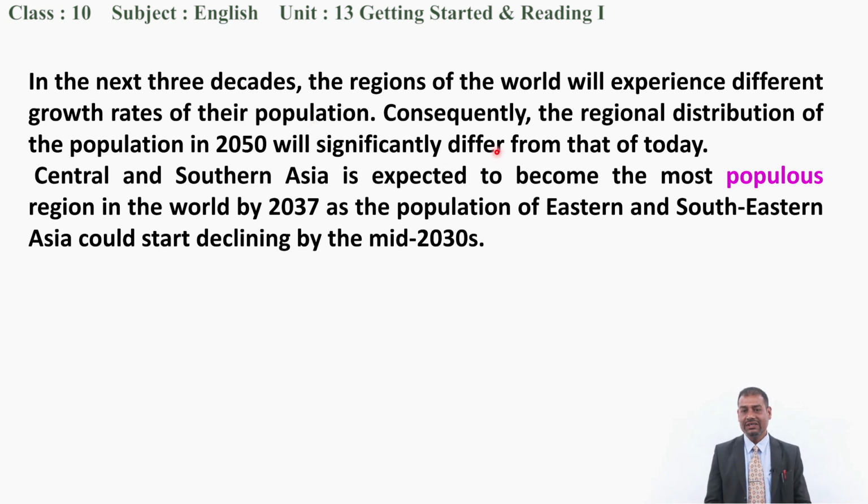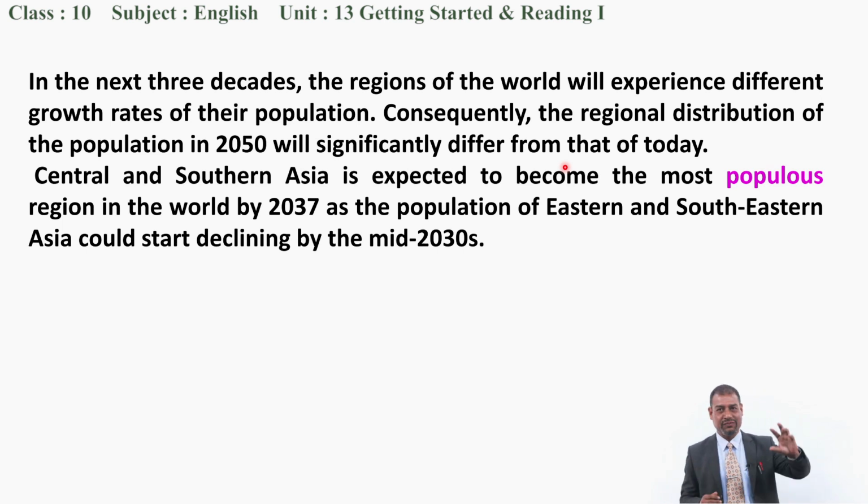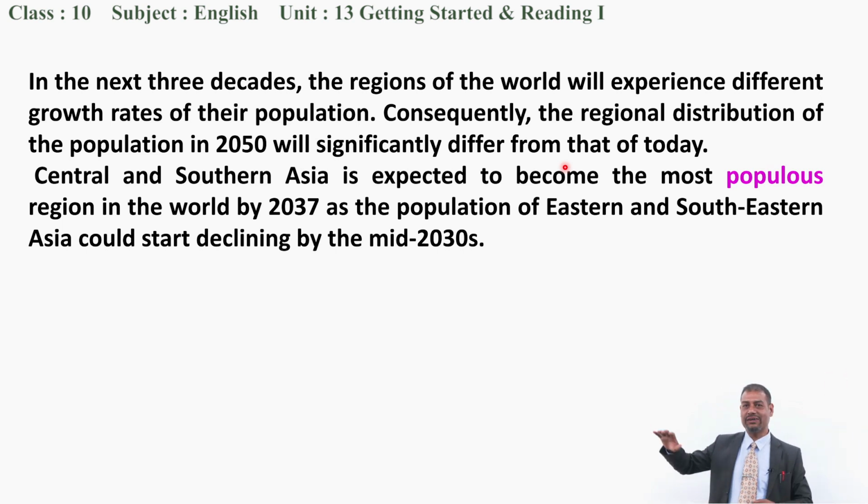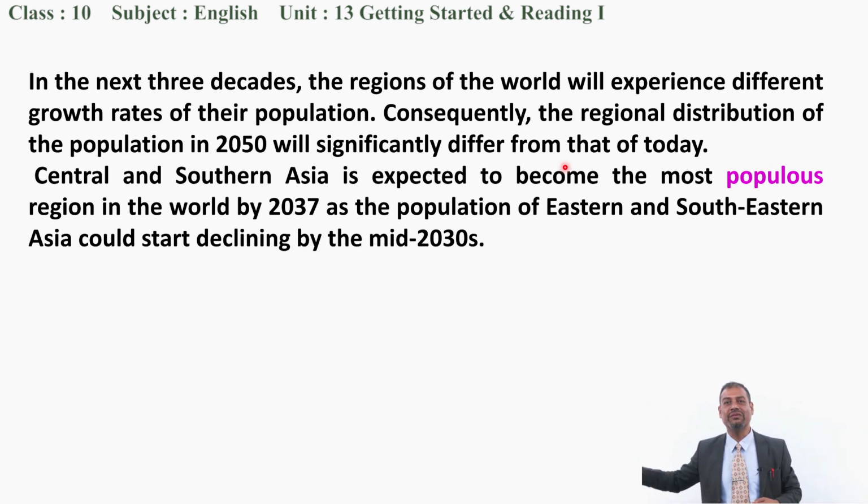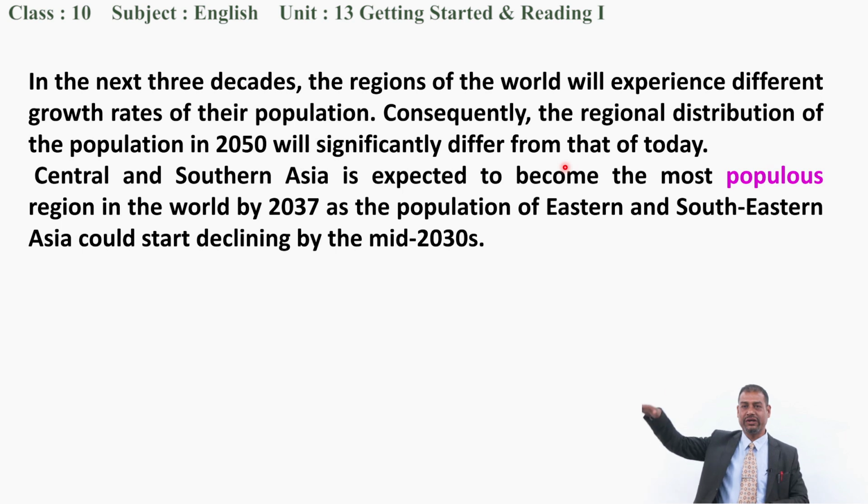Consequently, as a result, the regional distribution of the population in 2050 will significantly differ from that of today. So what do you understand? Yes, in some parts the population will be more, and in some parts the population will be less, and it brings a kind of variety in population. No balance in population, somewhere more, somewhere less.